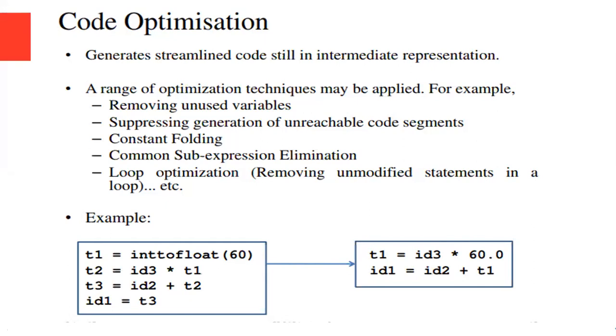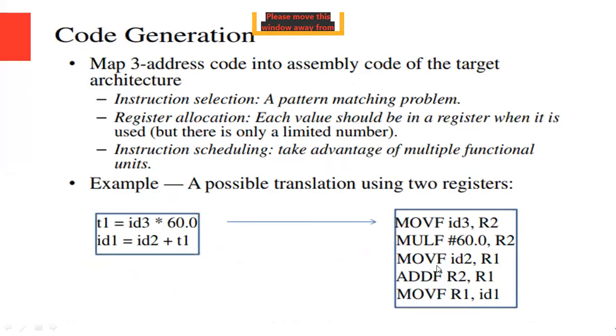So by using some optimization techniques, we can remove some statements present in the intermediate code generation. So this is the input to the code optimization, and this is the output of code optimization. So that is the code optimization.